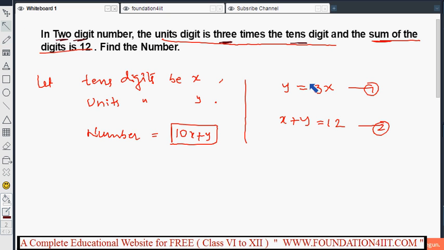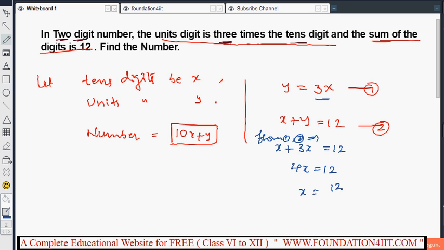Okay, just the substitution method I'm doing. Now y is equal to 3x. So in the place of y, I'm substituting this 3x. x plus 3x is equal to 12. This is from equation 1 and 2. So x plus 3x is 4x, equal to 12.